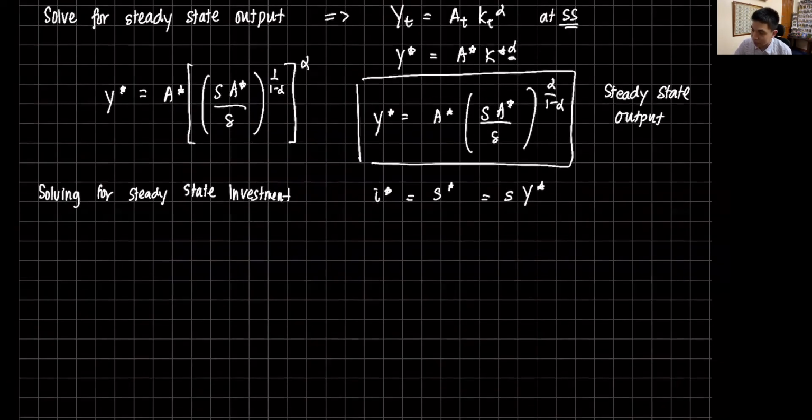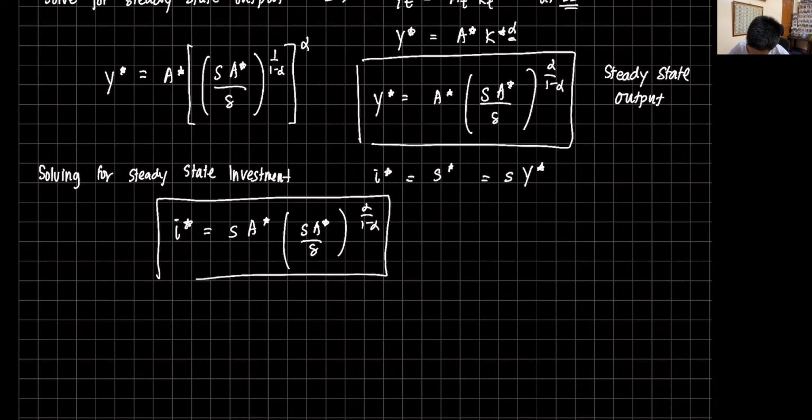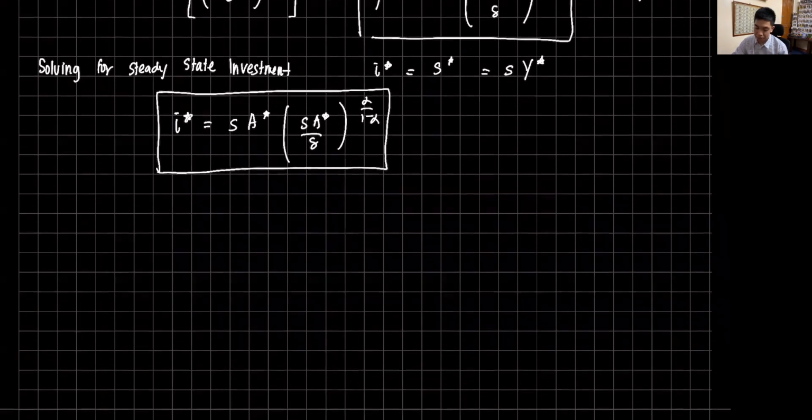But we know Y already. So the steady state investment I star is equal to S times Y star. So S A star times S A star over delta raised to alpha over 1 minus alpha. And that's pretty much steady state investment.